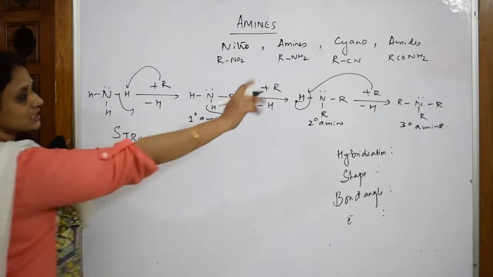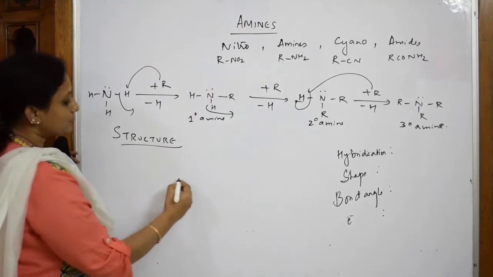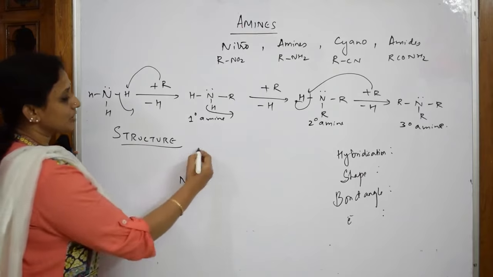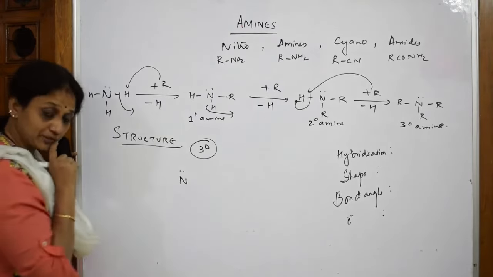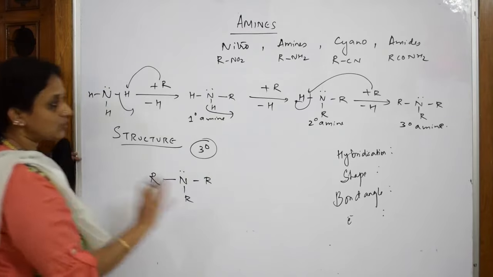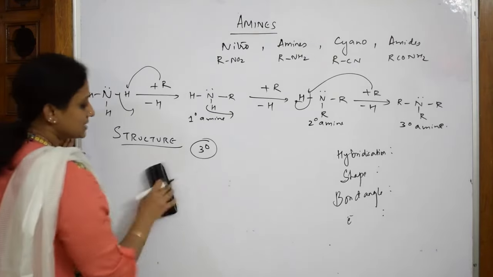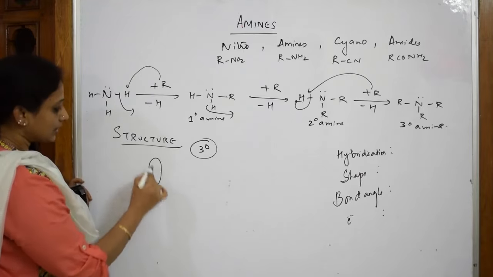Now I picked tertiary amine, but you can pick any. Suppose I am taking the tertiary amine: nitrogen with a lone pair of electrons and 1 R, 2 R's and 3 R's. How does the structure look? Basically your nitrogen is in the center and you have a lone pair of electrons here.